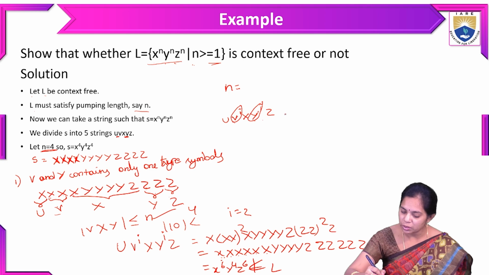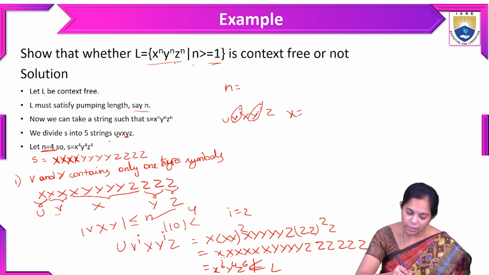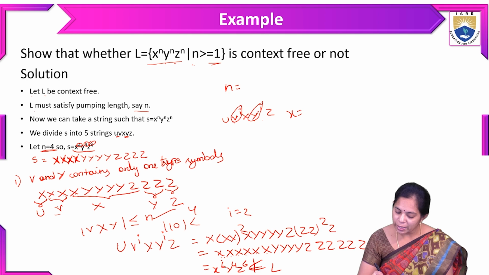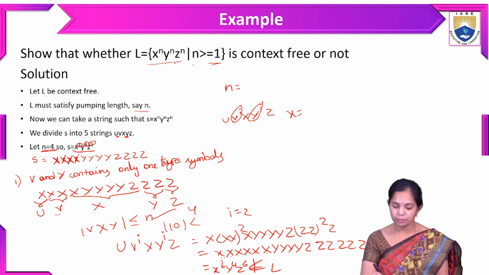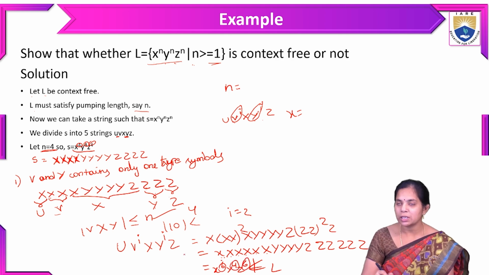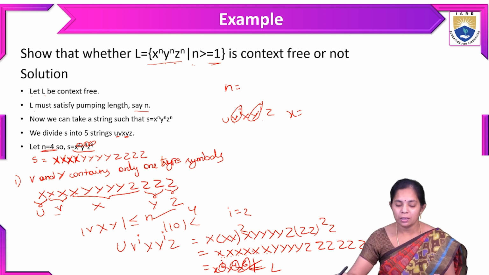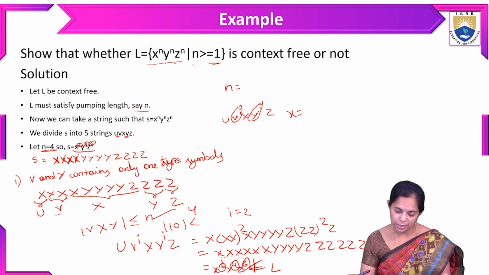Initially x power 4, y power 4, z power 4, the powers are all equal, but after pumping, the powers are not equal. So that's why we can say that the given language is not a context free language.